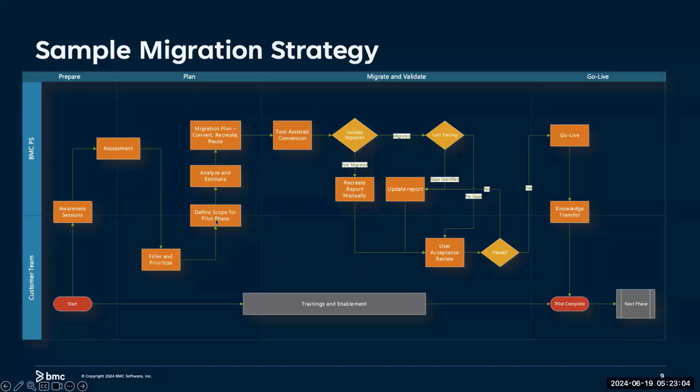So the recommendation is that you further divide this prioritized list into different phases: a pilot phase, followed by the top priority reports, followed by the next set of priority reports, and so on.